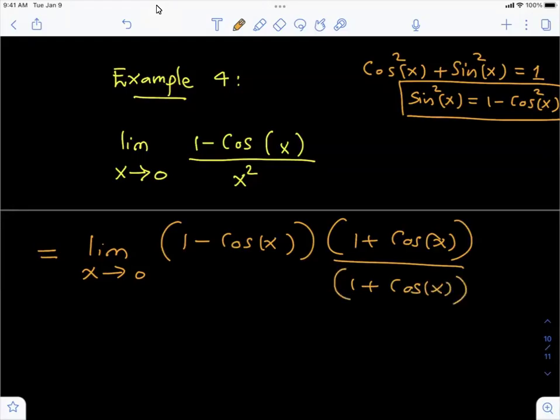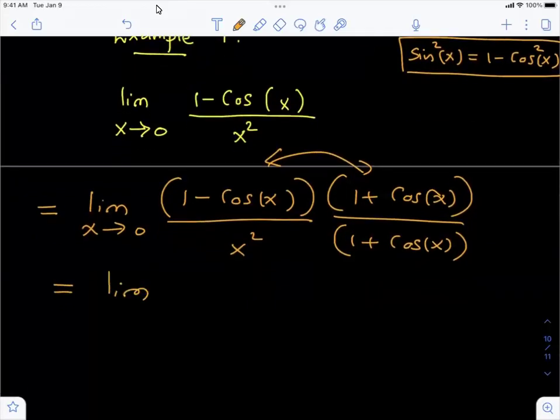And when you multiply by the conjugate of the numerator, don't forget the original denominator stays right here. Don't change it. And then the conjugate computation will be meaningful only at the top. So that will give us, when x goes to 0, 1 minus cosine squared x. After the simplification, it's going to be 1 square minus cosine square x, but 1 square turns out to be just 1.